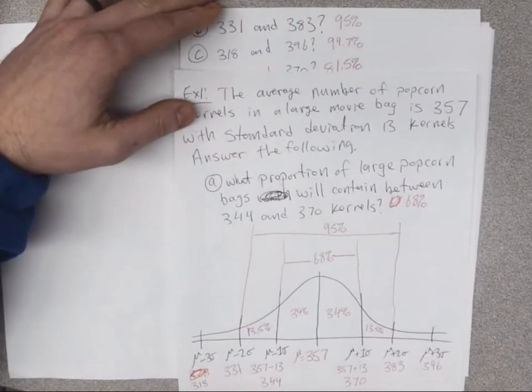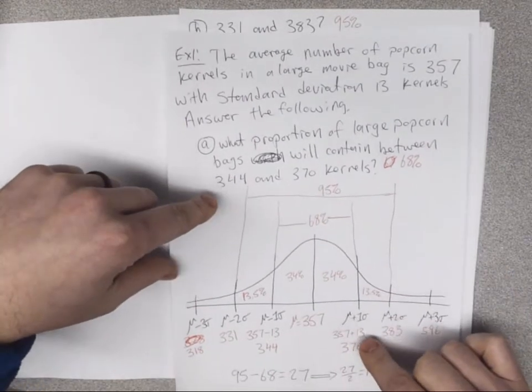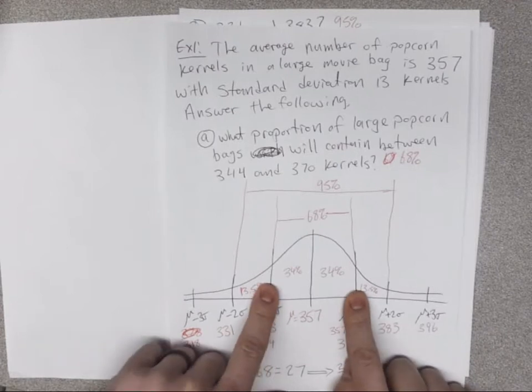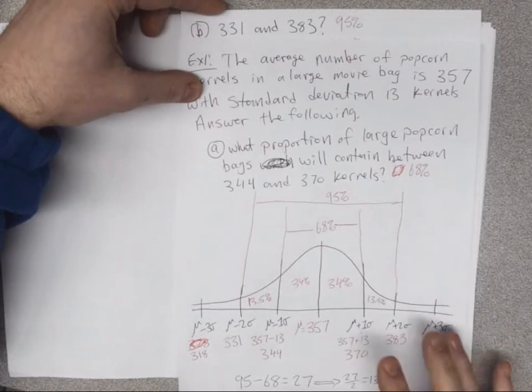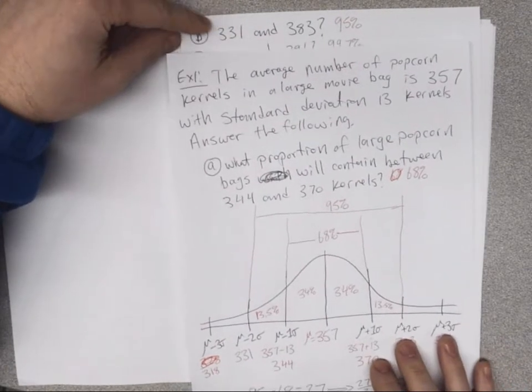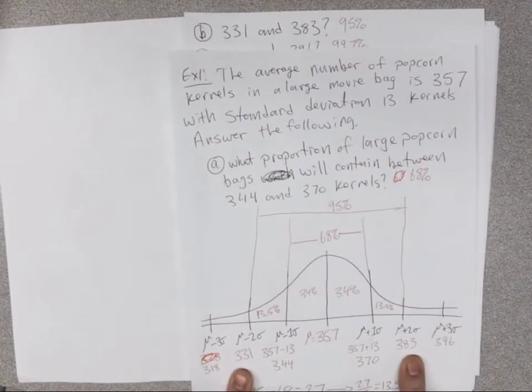Then I asked these questions. Well, let's finish A. So between 344 and 370, so it's minus 1 and plus 1 standard deviation, so that's 68%. And then we asked what proportion will be between 331 and 383. Well, that's minus 2 and plus 2 standard deviations, so 95%.